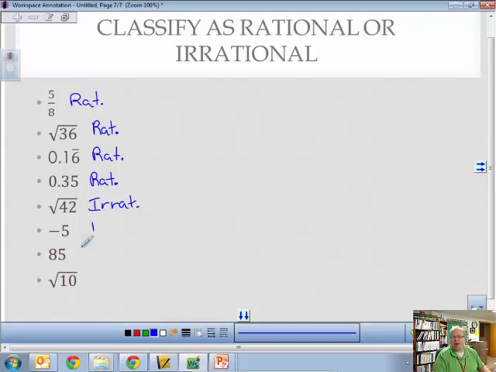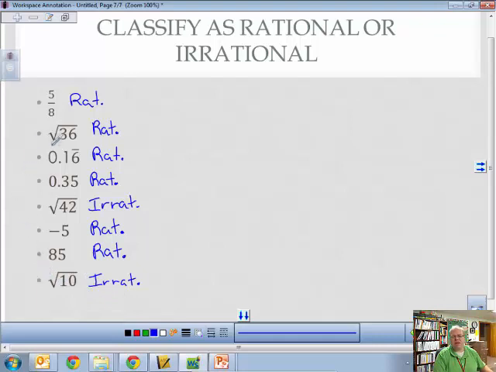Integers are rational numbers. 85. 85 is both an integer and a whole number. And guess what? It is also a rational number. Square root of 10. Square root of 10 is not a perfect square, so looky there. It is also not rational. It's not of the right mind.